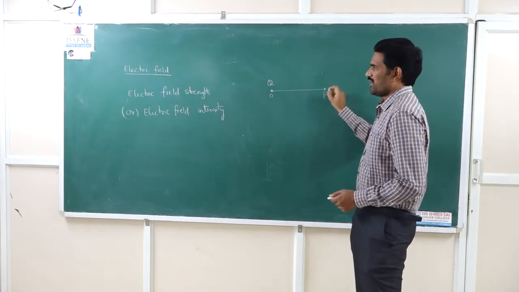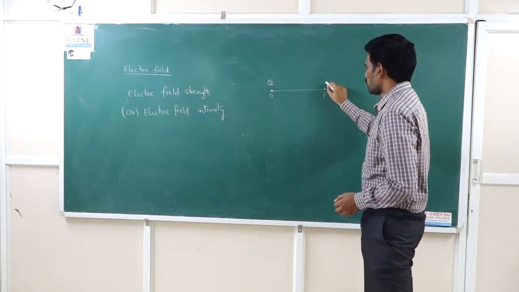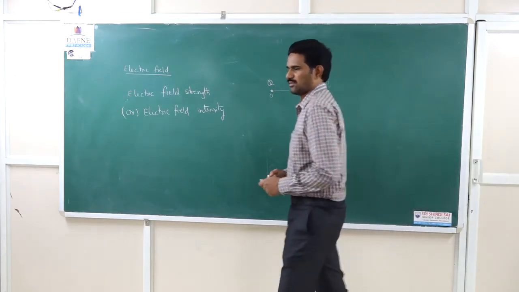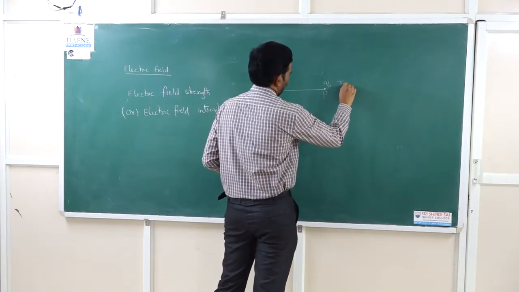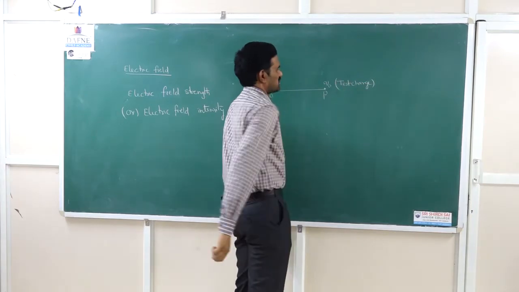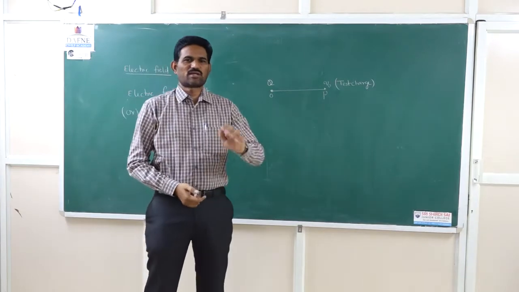In order to define the electric field strength at that point, we assume a unit positive test charge. Remember that this is a test charge. A test charge generally means its magnitude is very small and it is a positive charge.